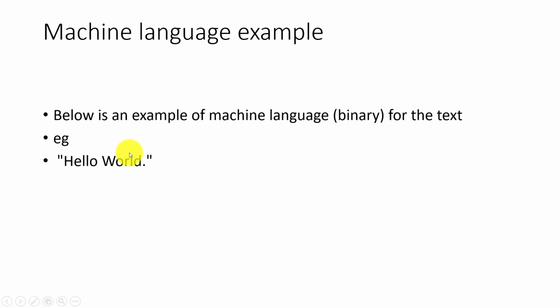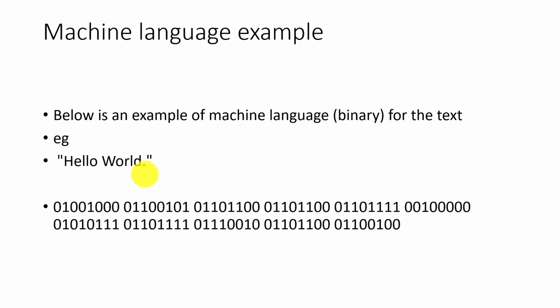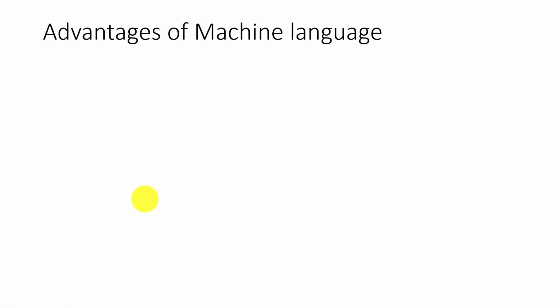For example, if I print "hello world", I can easily read it because it is high level language using simple English words, but the machine cannot understand it. So I have to convert it into machine code or object code, that is into 0 1 form. That is nothing but the machine code or machine language.